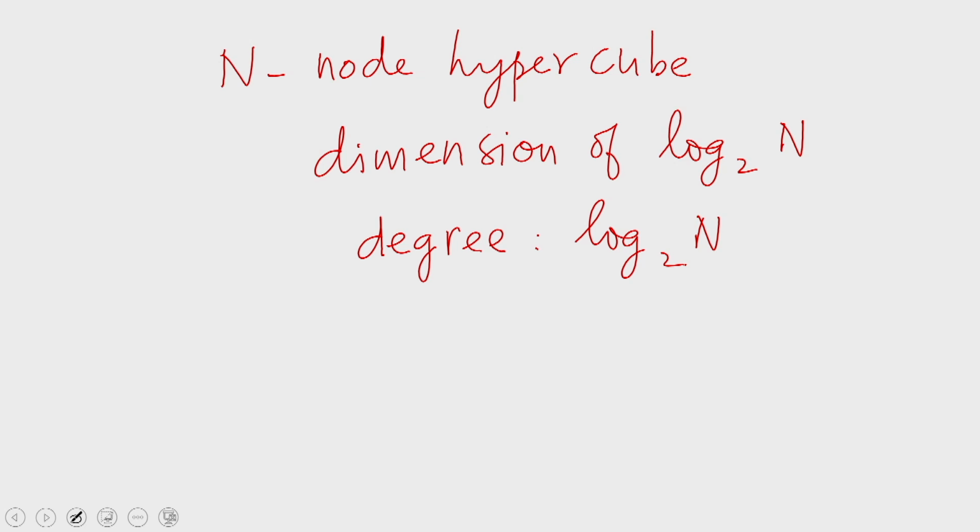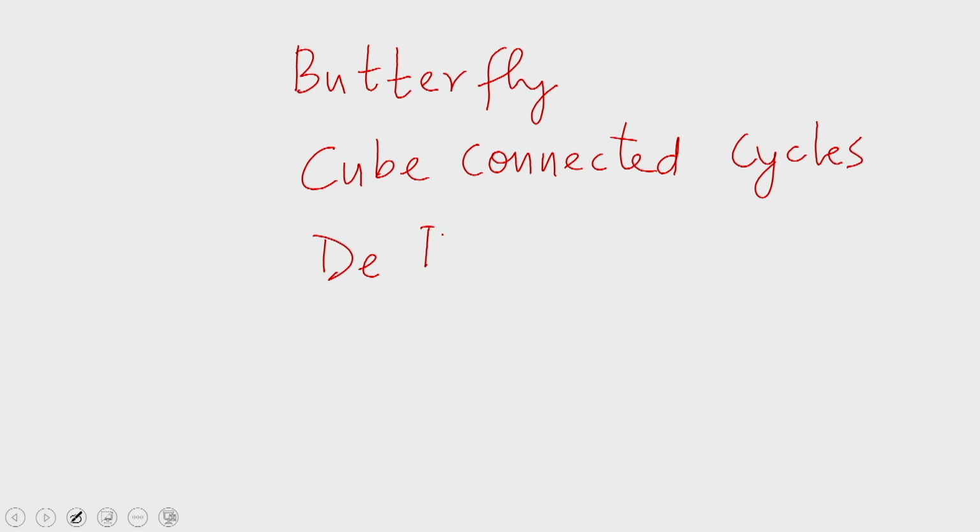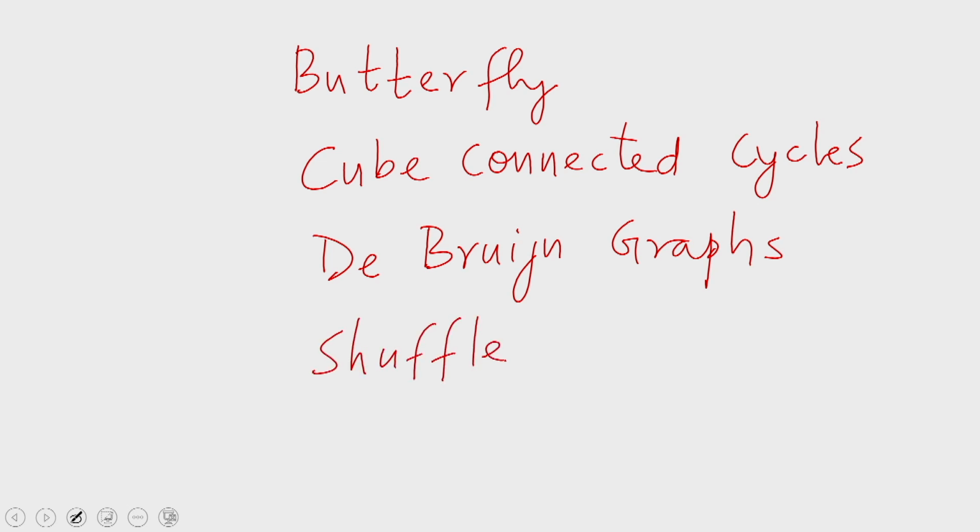There are several interconnection networks that are closely related to hypercubes, namely the butterfly networks, the cube connected cycles, the de Bruijn graphs, shuffle exchange graphs, and many others.